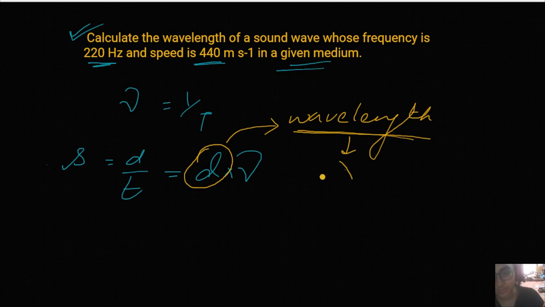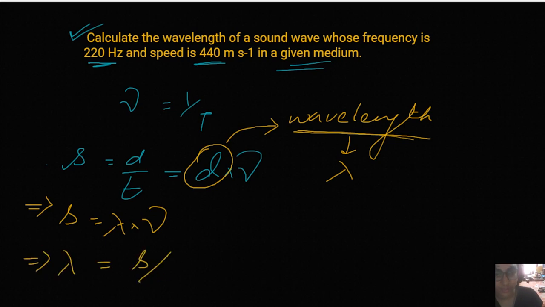This is represented by lambda. So in other words, we can write S equals lambda into frequency. So wavelength here is calculated by speed by frequency, or speed here is 440, frequency here is 220. So we get 2 meters. Simple. Okay.